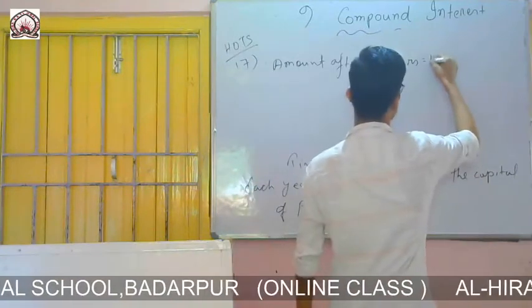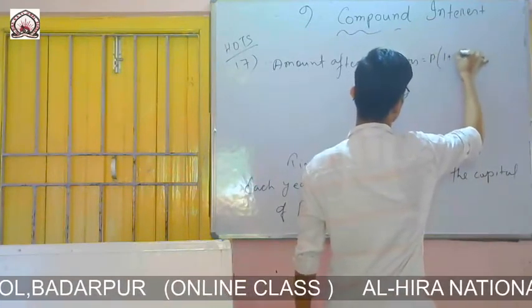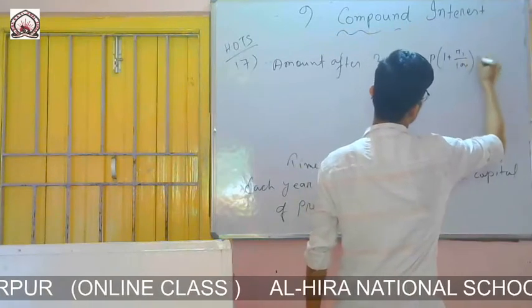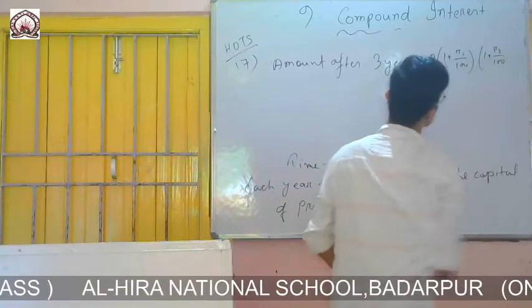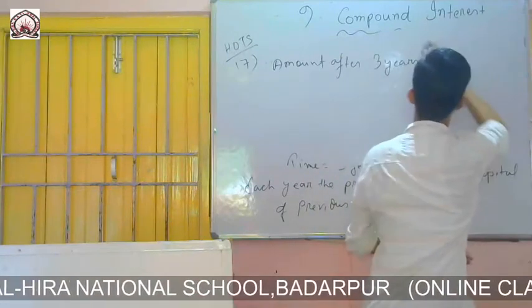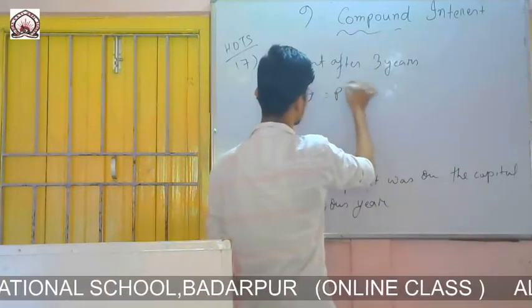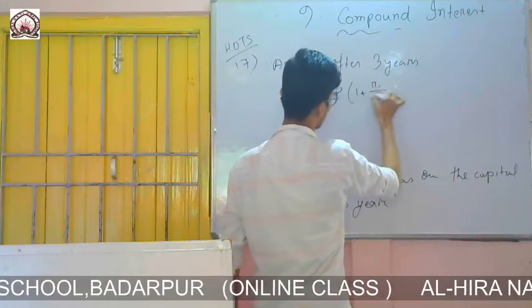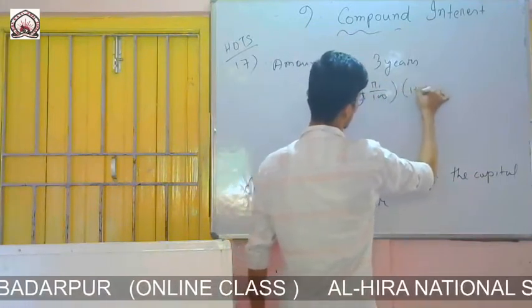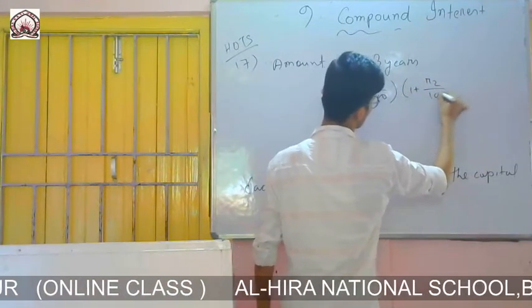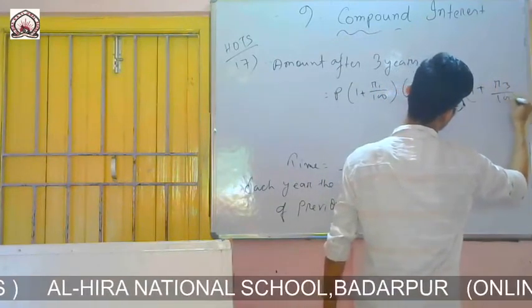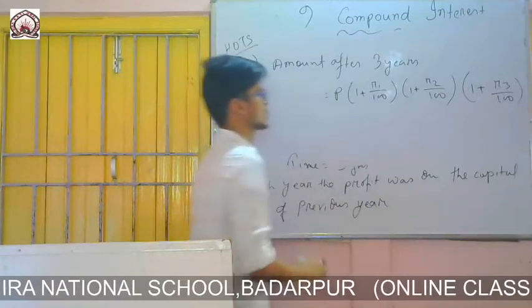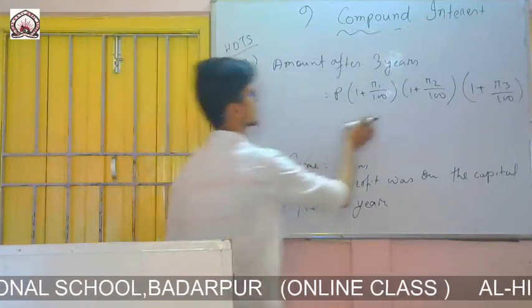So we know the formula: principal P into 1 plus R1 by 100, then 1 plus R2 by 100, 1 plus R3 by 100. The space is not there, so let me write it here. So 3 successive years, so I have written.